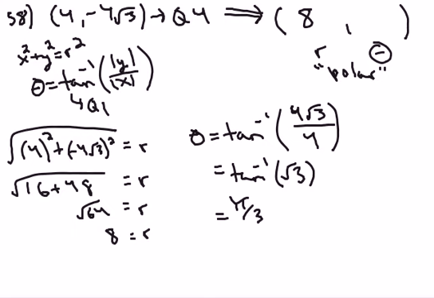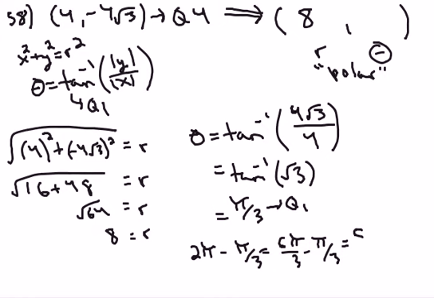But this is a quadrant 1 angle. I need to adjust this to be in quadrant 4, so I'm going to subtract pi over 3 from 2 pi, and if you do that, you get 5 pi over 3. So there's theta. Equivalently, you could say 5 pi over 3 is also 300 degrees.